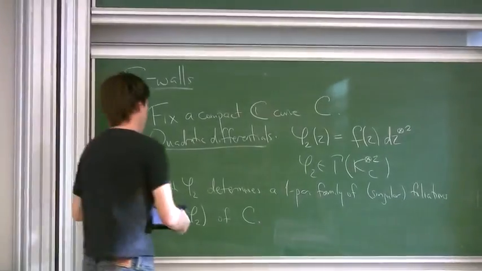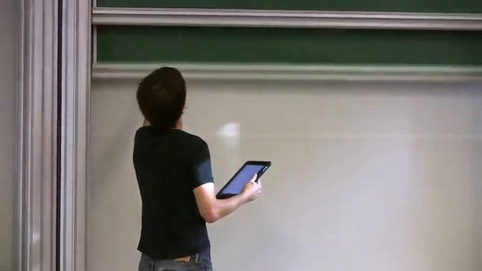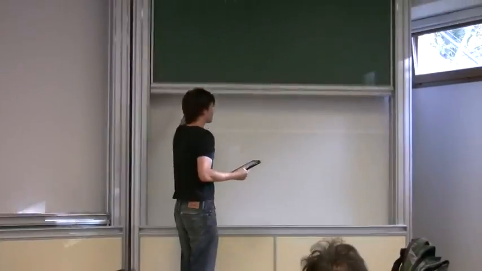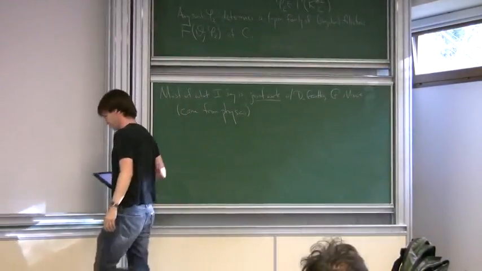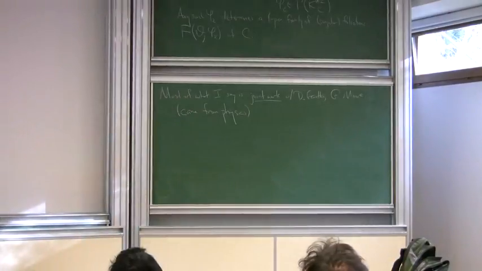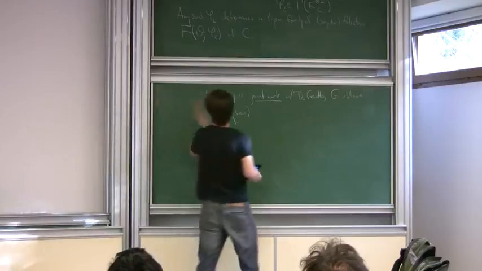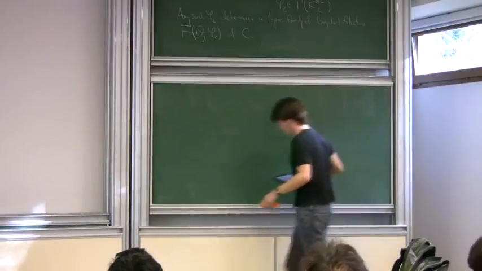So what is this foliation? Well, to tell you the foliation, I just tell you what its leaves are. So this parameter theta, I would change my notation if I weren't afraid of getting confused.